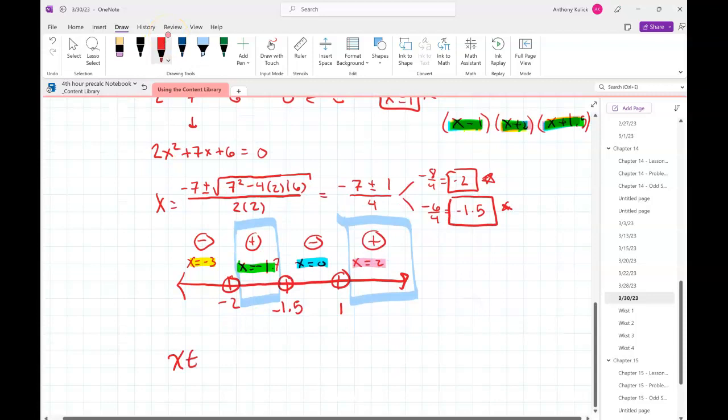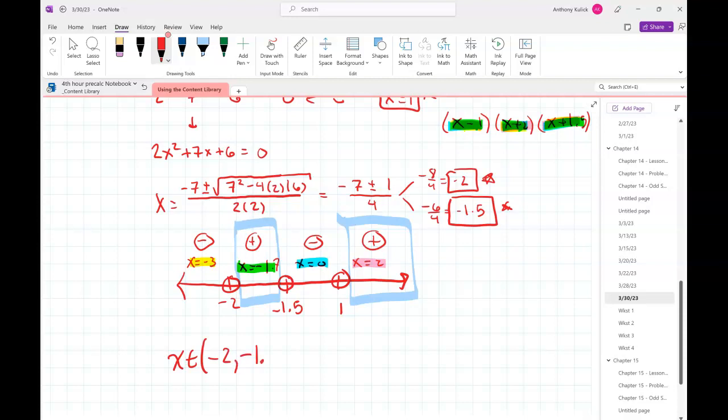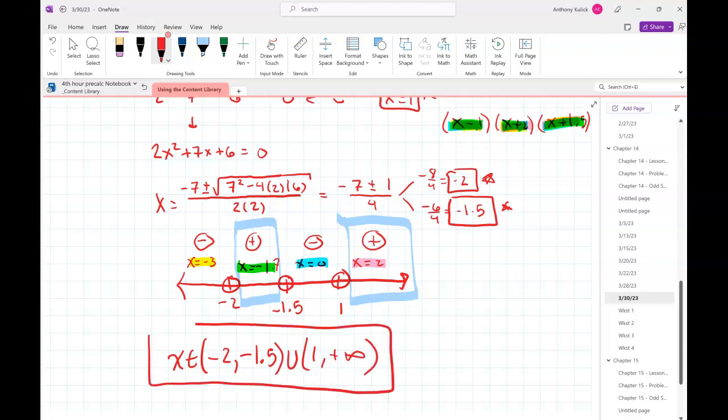So the solution I'll write, everything has a parenthesis since they're all open circles. So -2 to -1.5, and then +1 to infinity. Is that okay, Cheyenne?